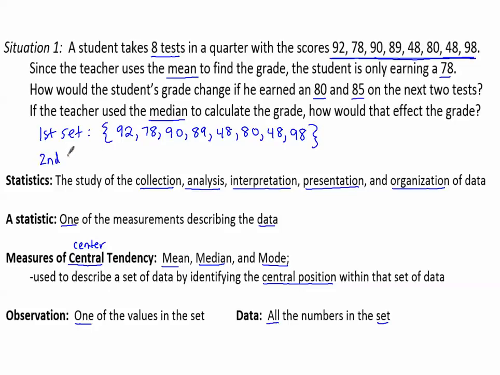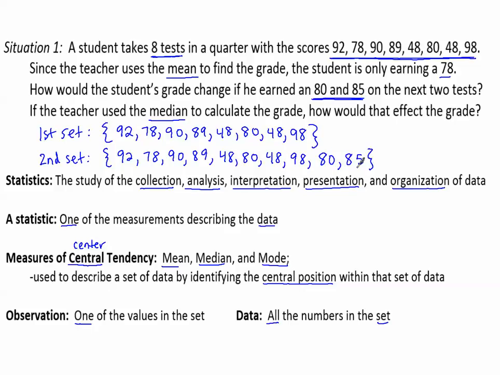The second set of data is the same as the first set, so I'm going to copy that first set of 8 test scores. See, the 8 tests, but then he earned an 80 and an 85, or plans to earn an 80 and an 85.